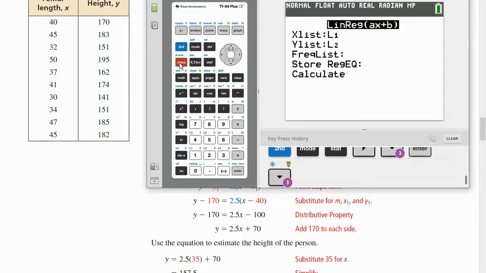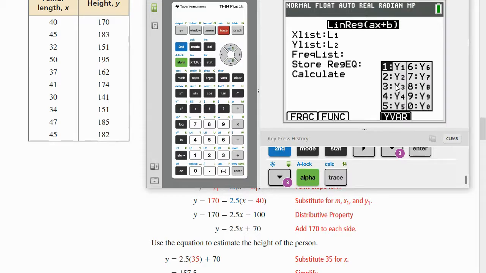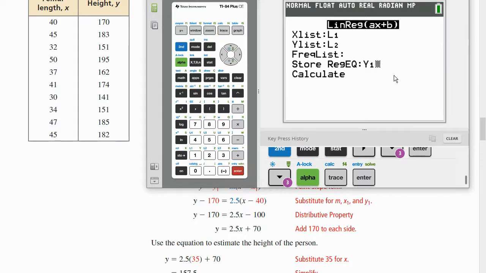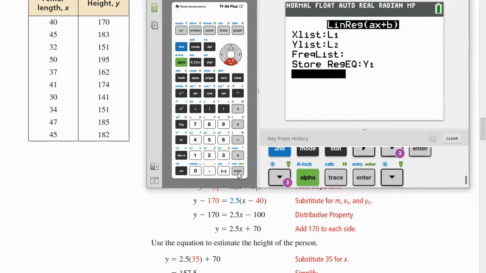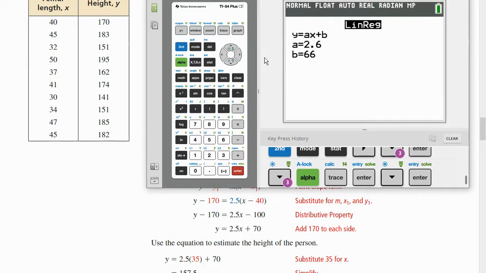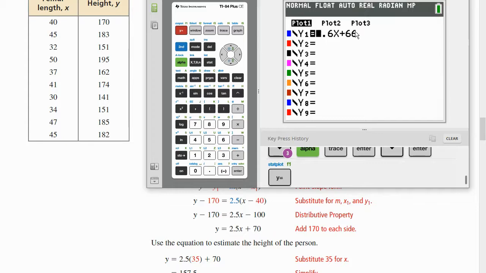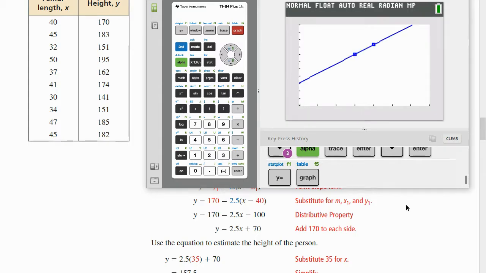All right, if you hit alpha trace, it brings up what we call the Y-vars menu, and you can select number 1 by hitting enter or the number 1. And notice it says store reg EQ. Well, that stands for store the regression equation in Y1. So once you run the regression here, calculate, not only does it calculate it, but it also types it in for you. Now you can use it to estimate, guess, whatever you want to do in a question. But again, this is how you would basically put these in the calculator and find the equation of the line.